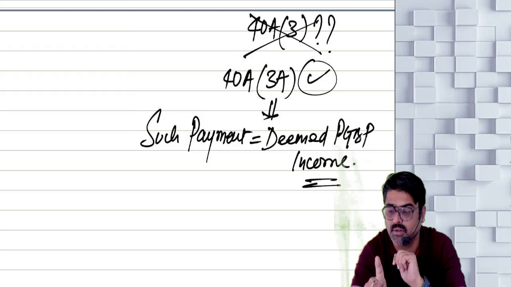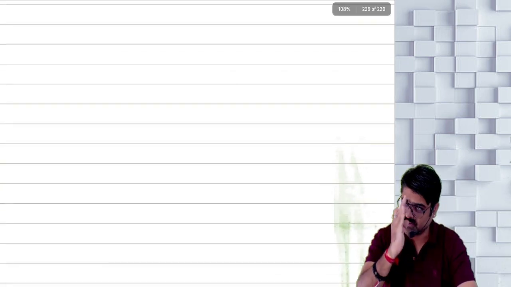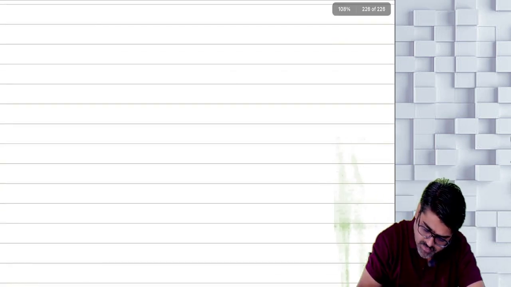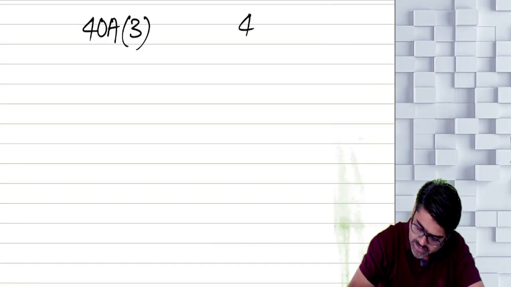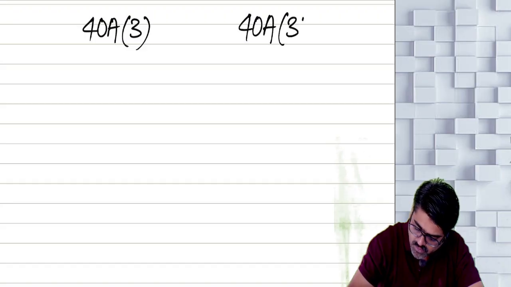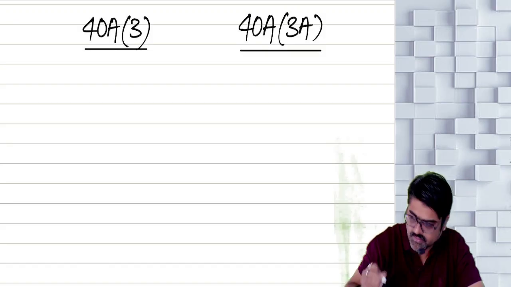Will you remember this? So now what is the difference between 48(3) and 48(3)(a)? Come on, you all tell me. I am writing 48(3) over here and I am writing 48(3)(a) over here. Both the sections, what is the difference?